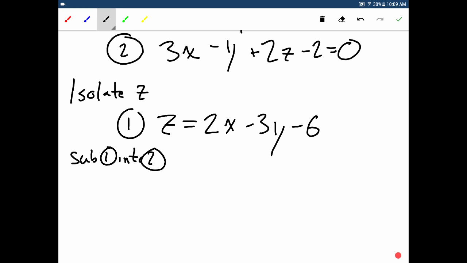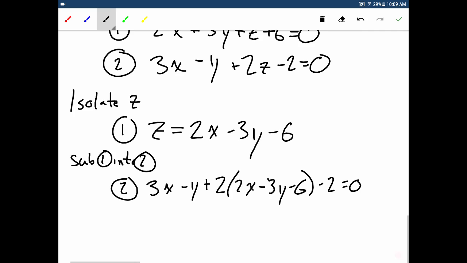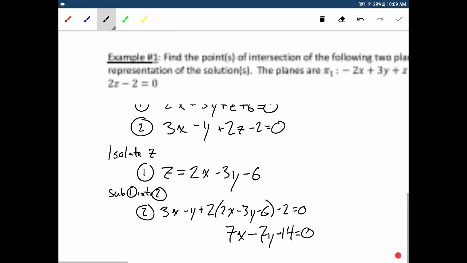So we get 3x minus y plus 2 times (2x minus 3y minus 6) minus 2 equals 0. If we expand and collect like terms, we get 7x minus 7y minus 14 equals 0. So there we go.